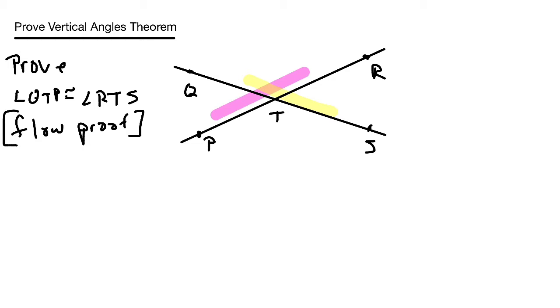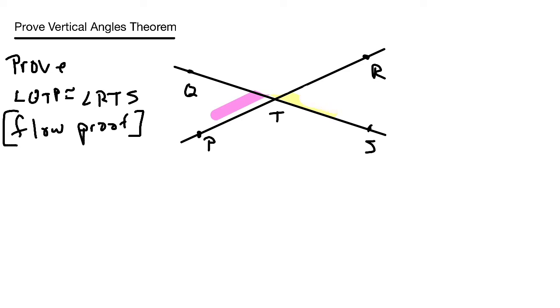And then I'm going to say, let's take away just this much. And since we're taking away the same amount from both of those 180-degree pairs, we know that what remains must be congruent.